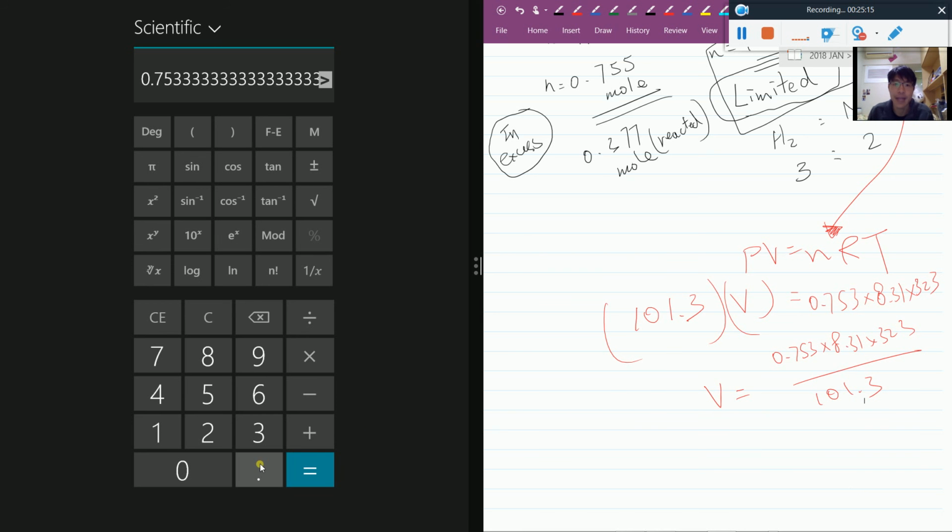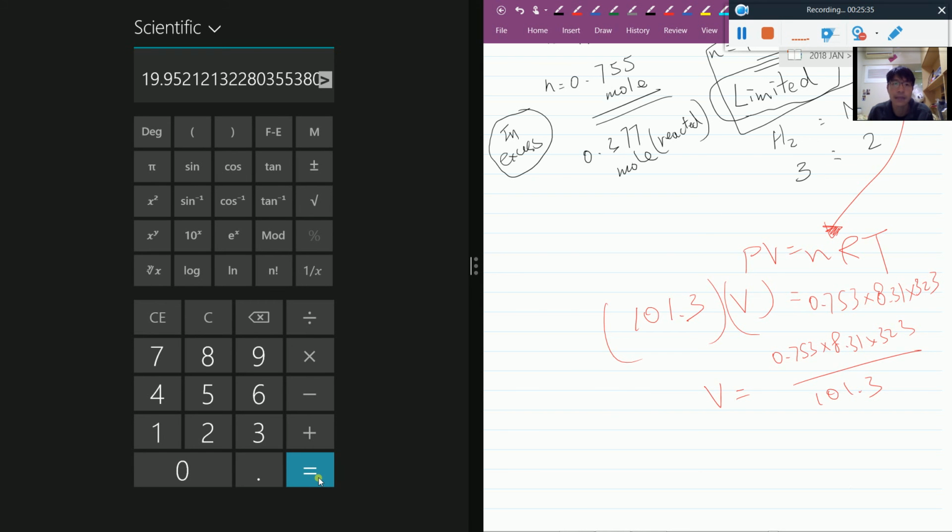Now let's do the values. 0.753 times 8.31 times 323 all together, then divided by 101.3.